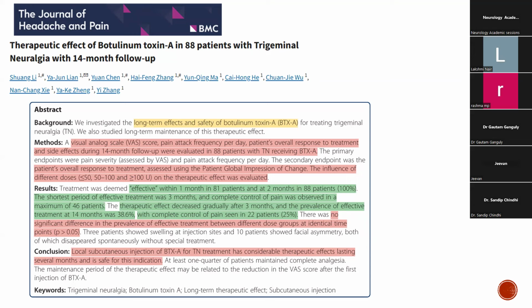The therapeutic effect decreased gradually after 3 months, and the prevalence of effective treatment at 14 months was 38.6%, with complete control of pain seen in 25% of patients. They concluded that local subcutaneous injection of botulinum toxin A for trigeminal neuralgia treatment has considerable therapeutic effect lasting several months, and it is safe for this indication.